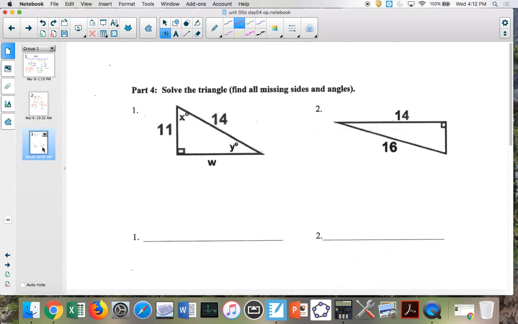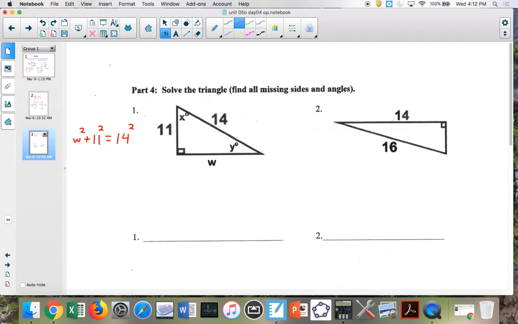This says solve the triangle. And remember, that was like the opener. So you have to find all the missing pieces. So let's do number 1. We have 2 of the 3 sides. So let's find the missing side first. So that's Pythagorean theorem. W squared plus 11 squared equals 14 squared.